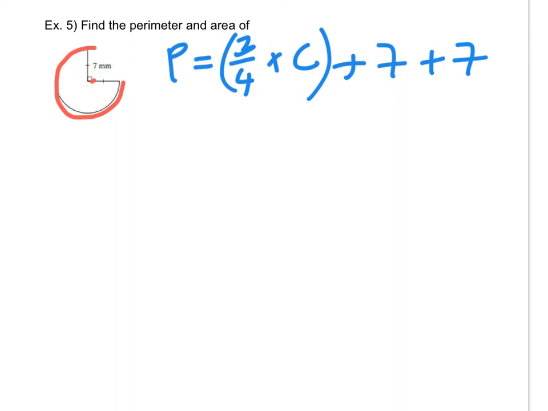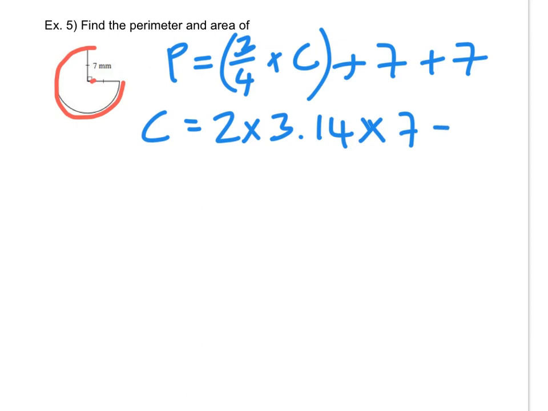Okay, so let's work out what the circumference is. The circumference is 2 times 3.14 times the radius, which is 7. So 2 times 3.14 times 7 equals 43.96 millimeters.